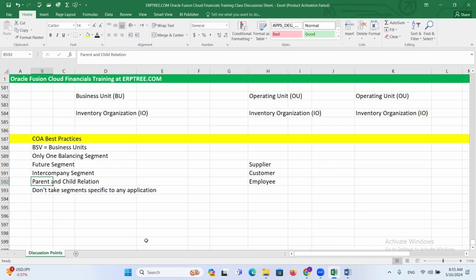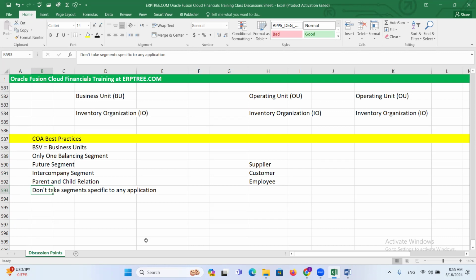And parent and child relationship. When you are creating company values, department, account, any segment values, maintain the parent and child relationship, so that you can easily find that information, and it will be very useful for reporting, budgeting, and other aspects also.